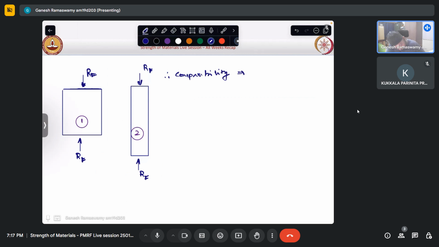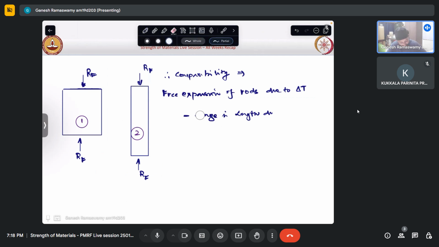So therefore, compatibility states that free expansion of the rods minus the contraction due to RF must be equal to 0 when this delta T is above 32 degrees centigrade. This is our compatibility.